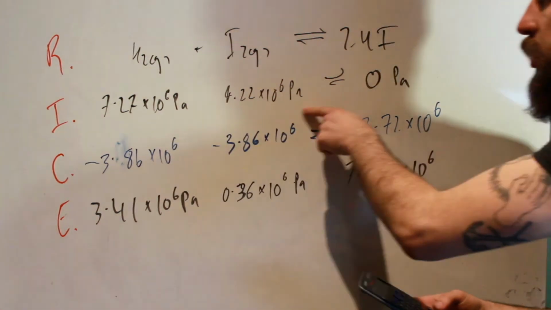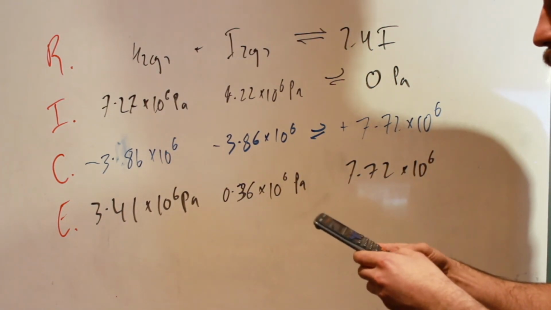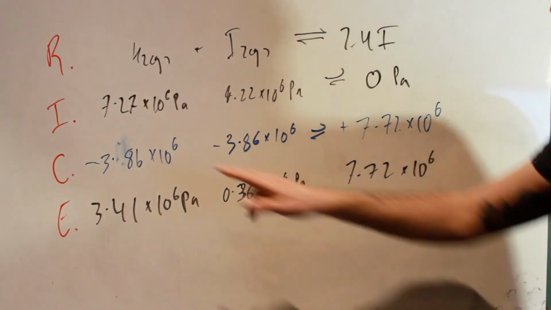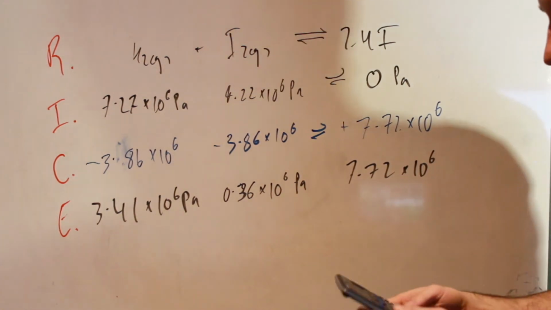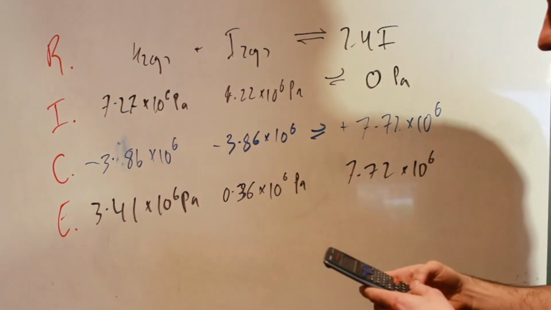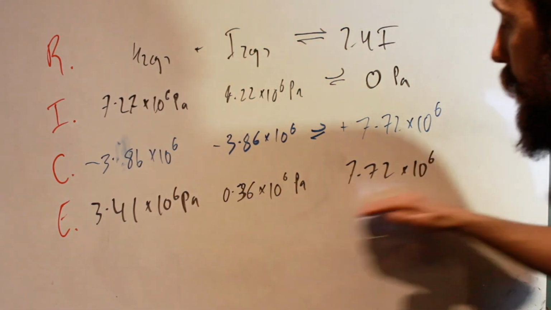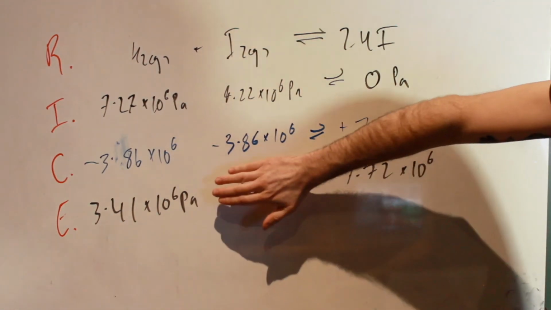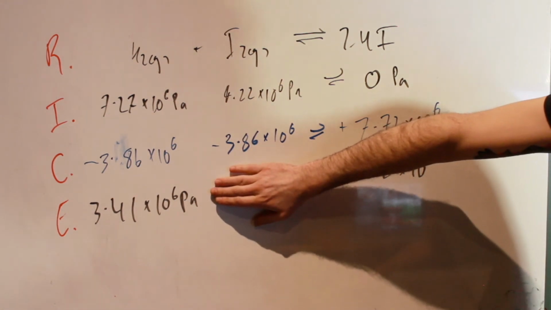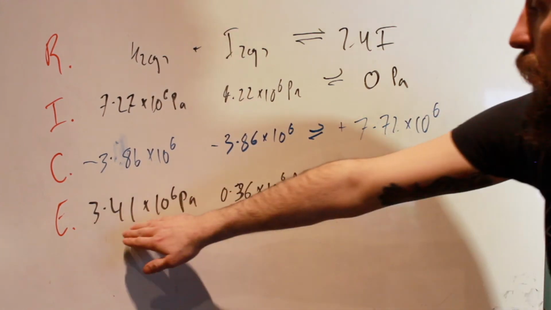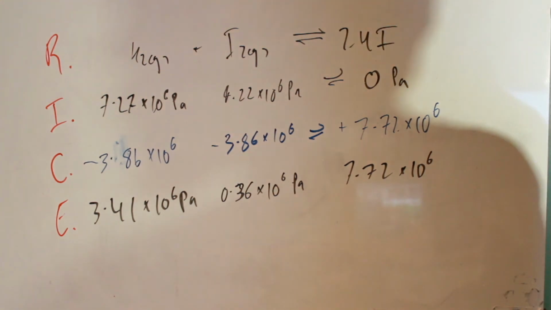So if I get the total pressure of the system here, 7.27 plus 4.22 plus 0 times 10 to the 6, 11.49 times 10 to the 6, and if I add up all of the pressures here, I should end up with the same value. I end up with the same value here, 11.49 times 10 to the 6. So in fact, we very simply could have gotten the equilibrium partial pressure here by just minusing these 2 values from the total pressure that we established at the top. So a few ways that we could undertake that.